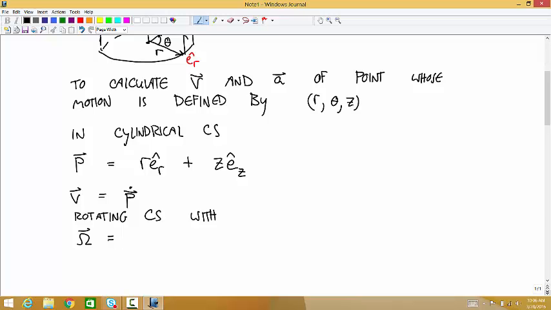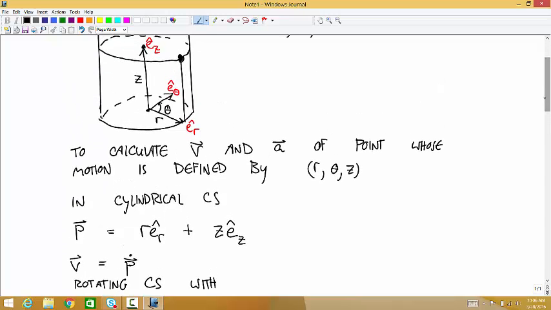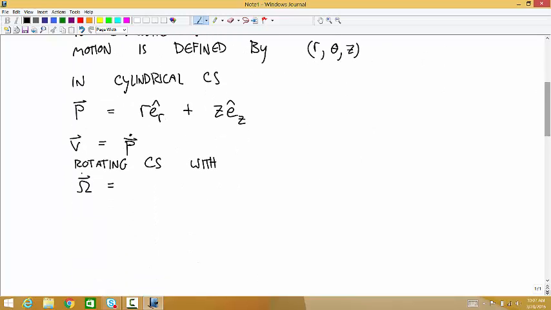It's rotating as theta increases. It's rotating counterclockwise around the z-axis. Okay, so this omega is going to be 0, 0, theta dot.